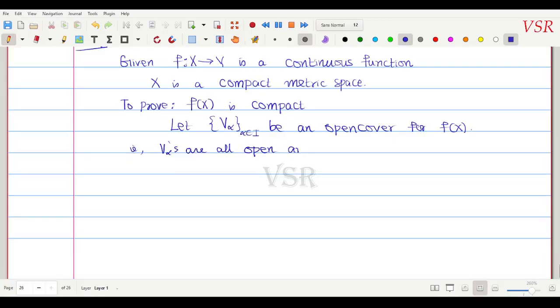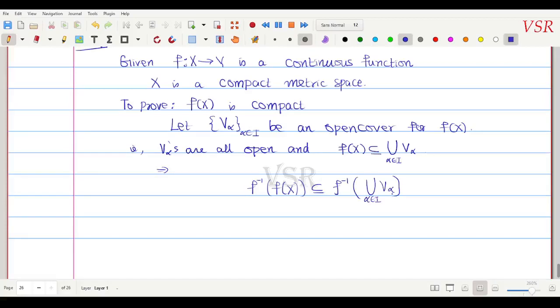and this f of capital X, which is a subset or equal, எதுனாலும் கொடுக்கலாம். Here it is a subset of the union of all V alpha where alpha belongs to capital I. Then this implies X is a subset of f inverse of f of capital X, which is a subset of f inverse of the union of all V alphas, where alpha belongs to capital I. We are having this condition, correct?